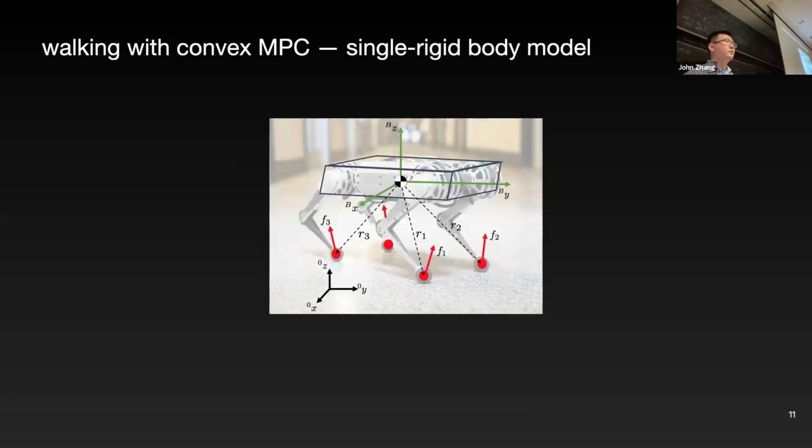And the way people have turned the control problem into a convex program is, instead of thinking about all the articulated bodies of a legged robot, the standard thing to do to make this convex is to simplify the model to just a single rigid body. There are a bunch of names attached to this model.